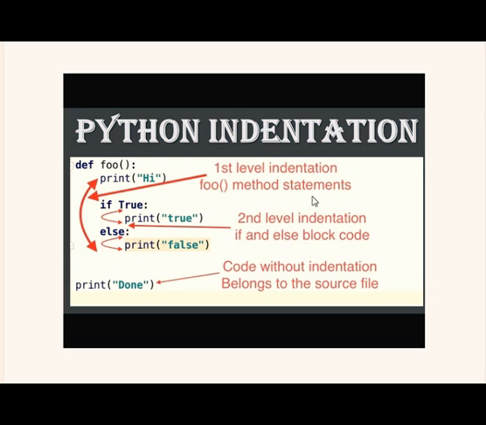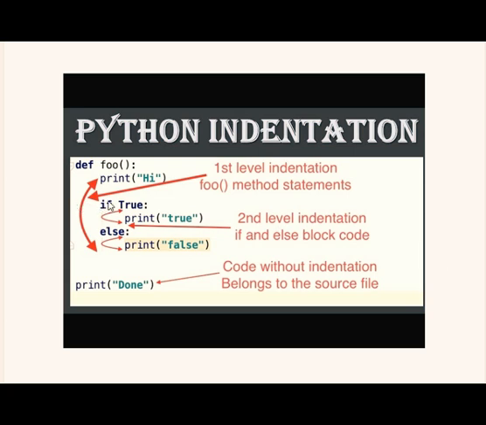As you see here, generally the first level of indentation is used for blocks directly under the main code. Typically 4 spaces are used for this level.